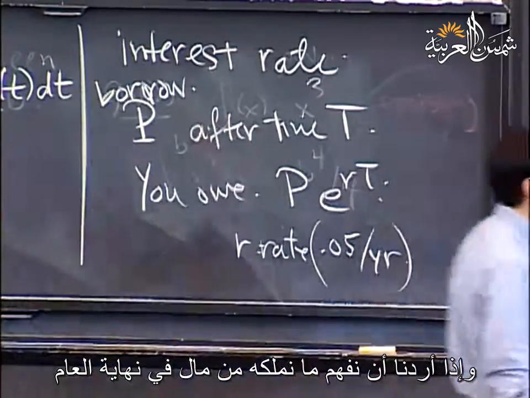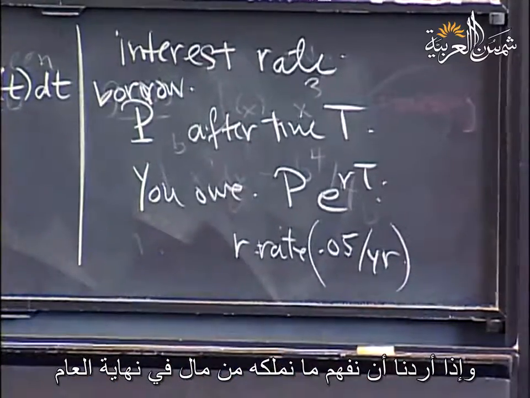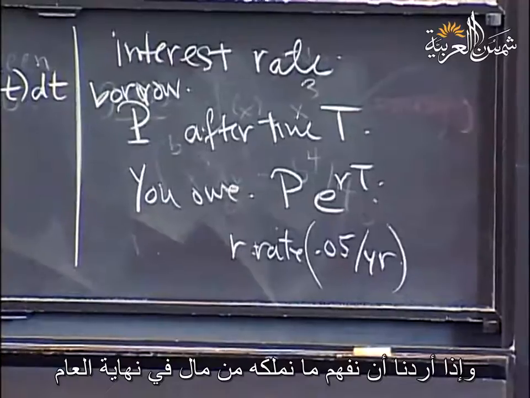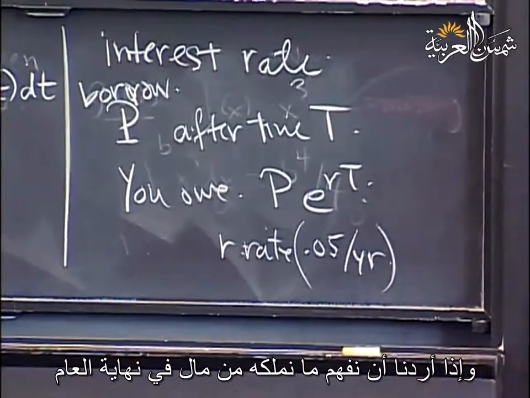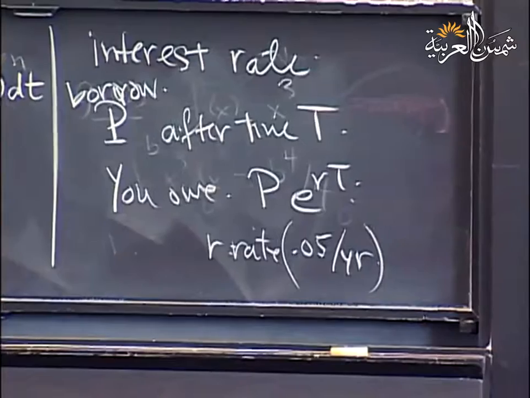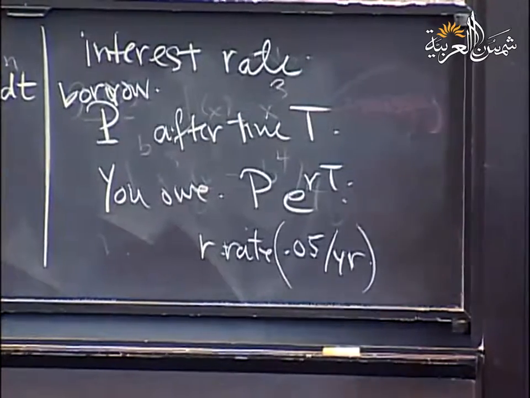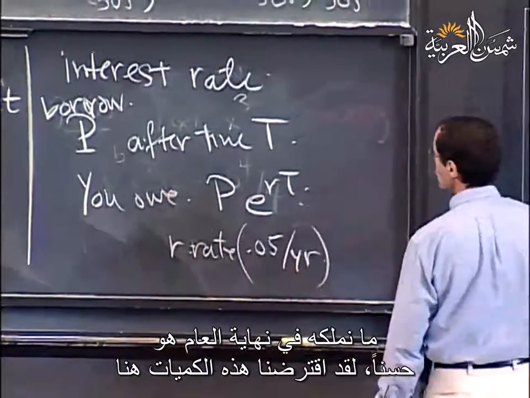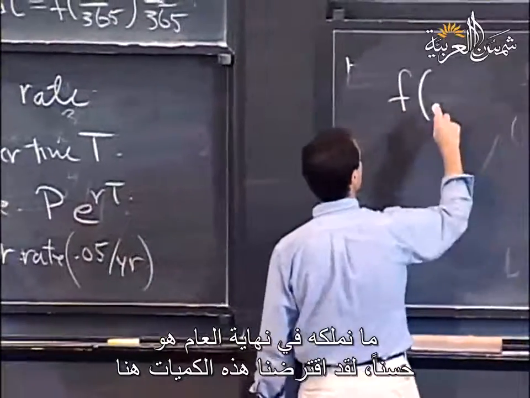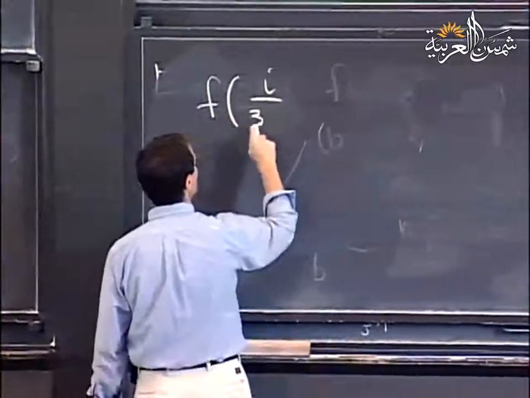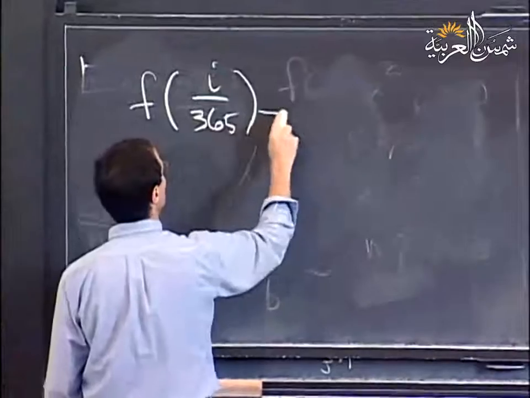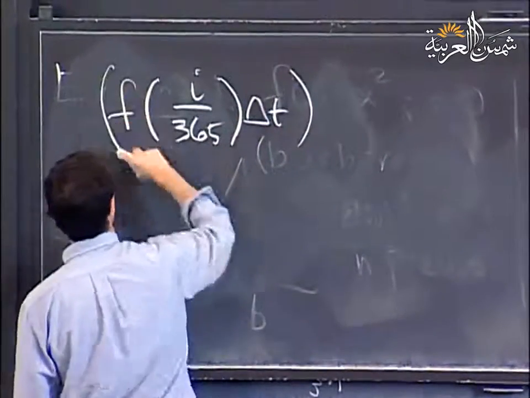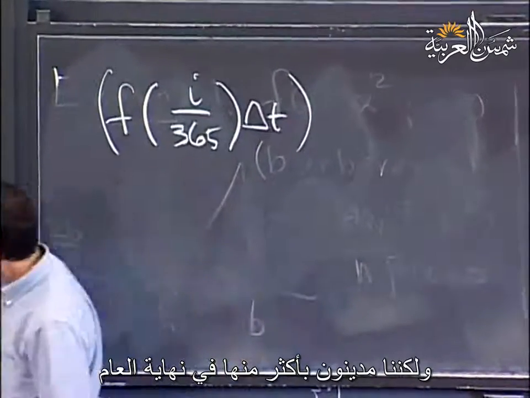And so, if you want to understand how much money you actually owe at the end of the year, well, you borrowed these amounts here. But now you owe more at the end of the year.